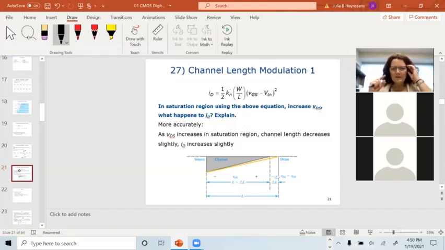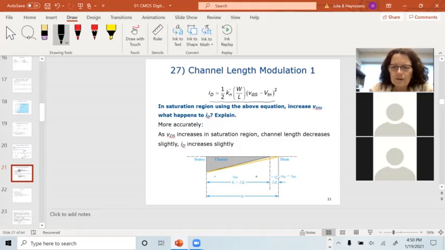So what's going on here is if I'm in saturation, you can see this has absolutely no dependence on VDS. It's not in the equation. But what really happens in saturation, as the drain voltage goes up, that gate to drain starts to be below the threshold voltage.